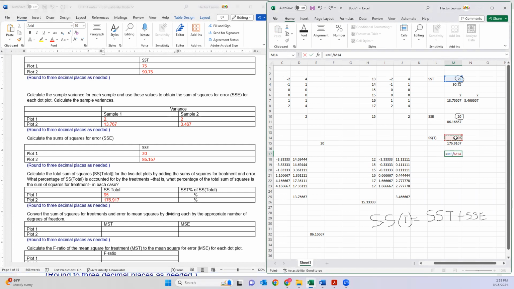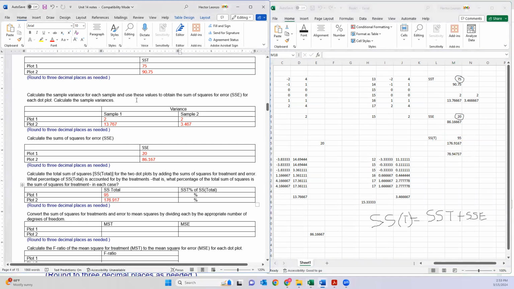So 75 divided by 95. Now we learned that that's going to give me a decimal. And for percentage, I want to see this as a percentage, so let me multiply this by 100. So it's going to give me 78.947.